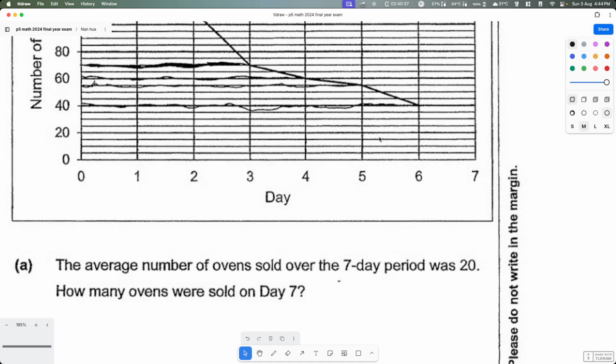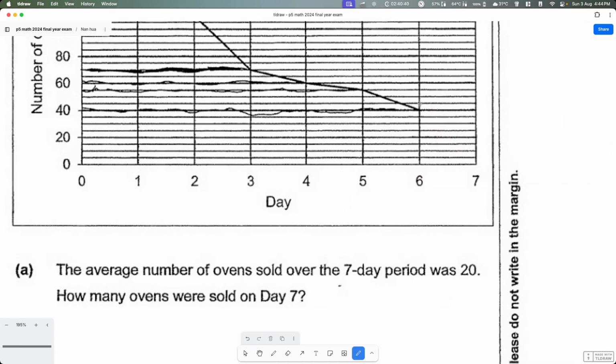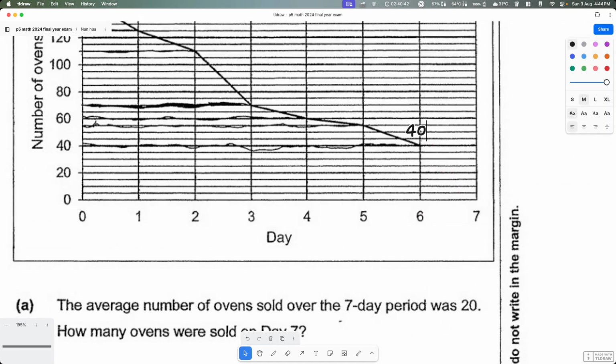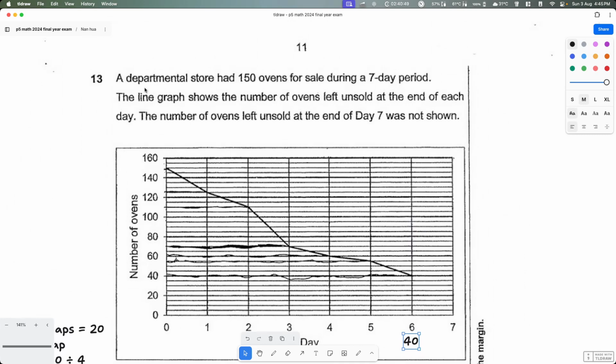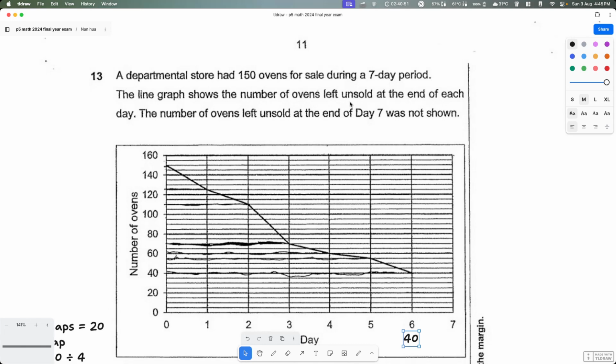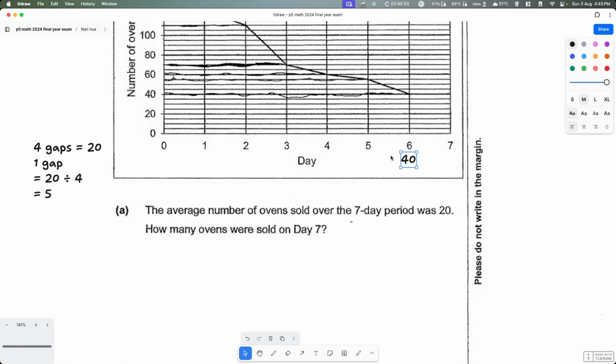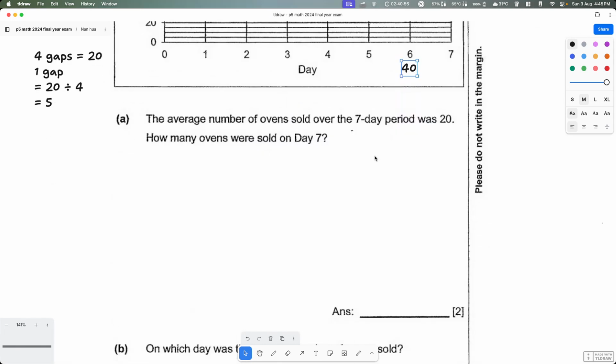Okay, so at day 6 over here, this is 40. So the number of ovens left unsold is 40 in this case. So at day 6, the number of unsold ovens is equal to 40.